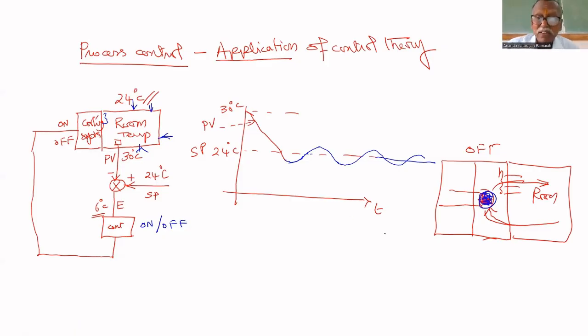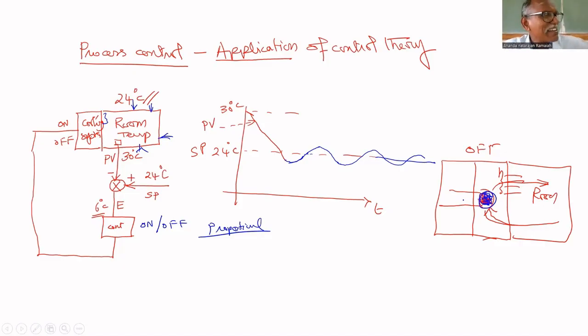That's why we can convert this controller into a proportional controller. Proportional controller means the output is not 100%. Here, the output is 100%. 100% means that this element will get maximum cooling, say -5 degrees centigrade, let us assume.